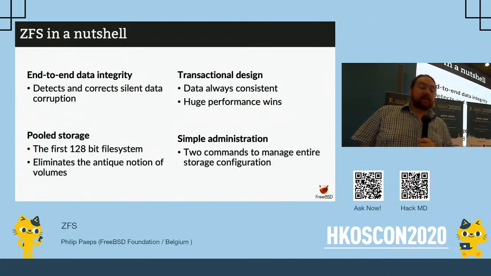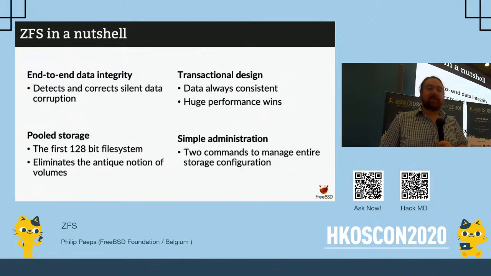ZFS provides pooled storage, so it's a 128-bit file system. It just skipped the whole 32-bit, 64-bit stuff and went straight for 128 bits. More bits, more better. And the pooled storage also eliminates the antique notion of volumes. Historically, when you had a non-trivial storage requirement, you would have to take your hard disks and then add volumes on top of them.